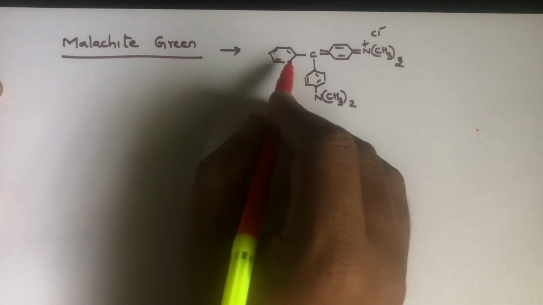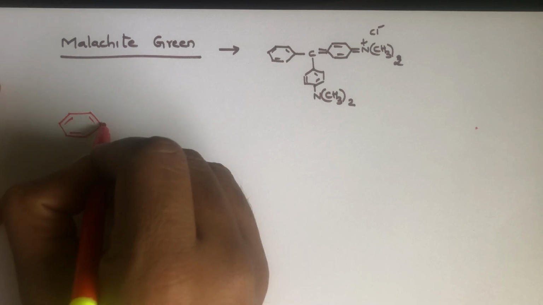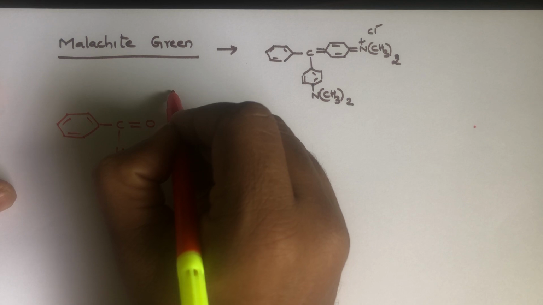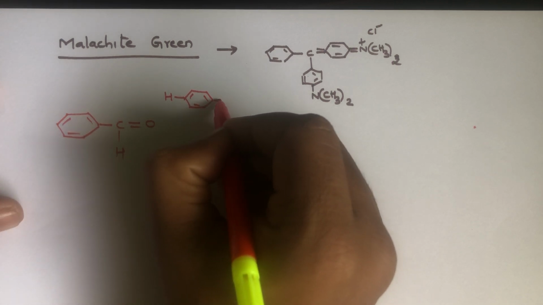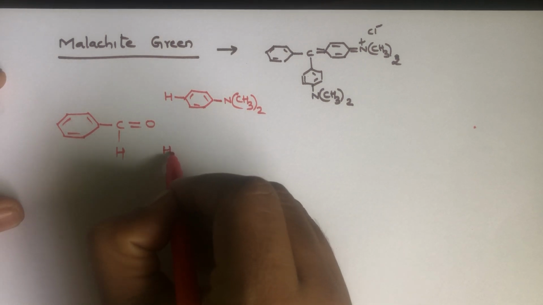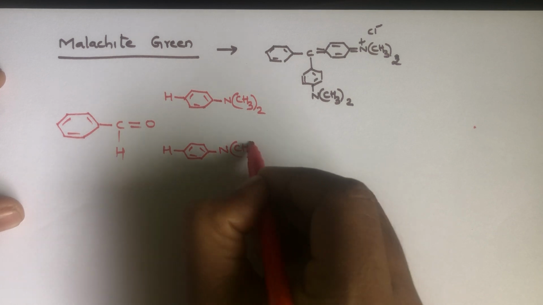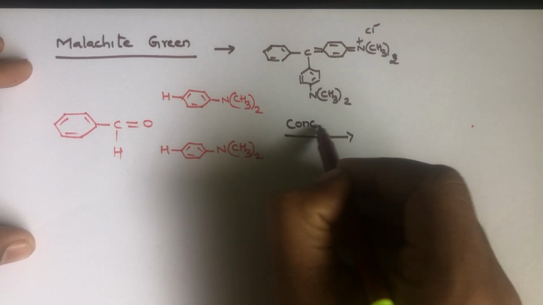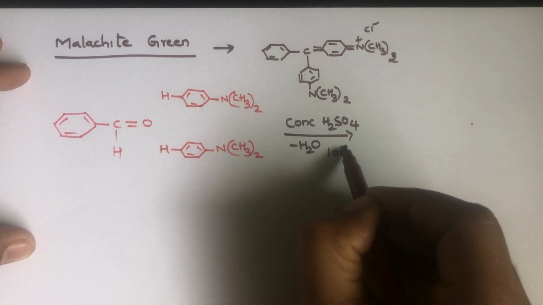So let us start with that. For this I will take a benzaldehyde molecule, that is C double bond O, H. In presence of concentrated H2SO4, there is loss of water at a temperature of 100 degrees Celsius.